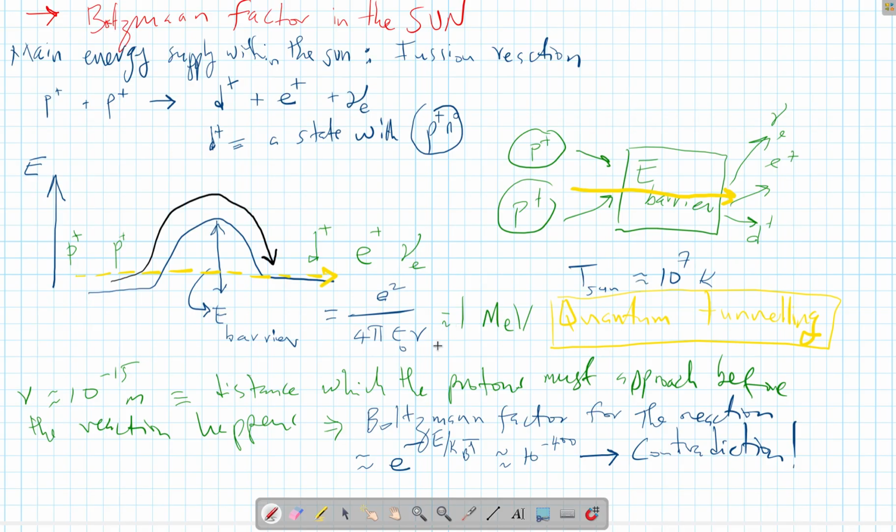Okay, you can do more realistic physics. If we stay in the classical regime, we're going to show physics that can be done using the Boltzmann factor or using the Maxwell-Boltzmann distribution. Actually, this is what I'm going to describe.